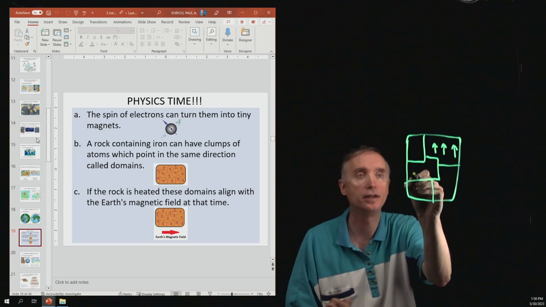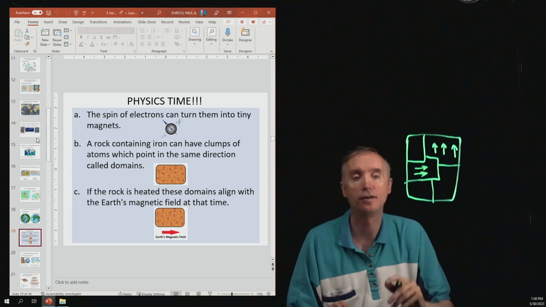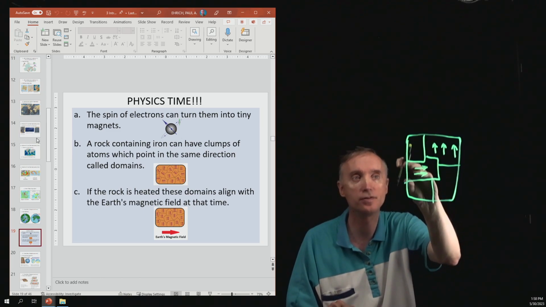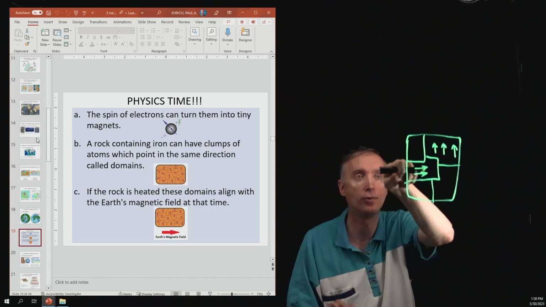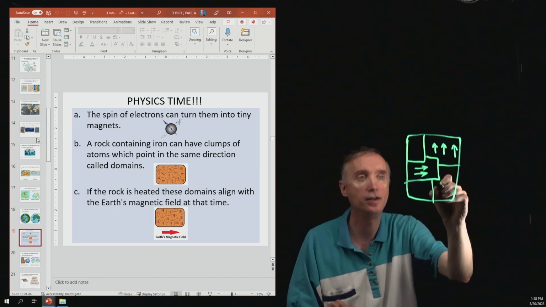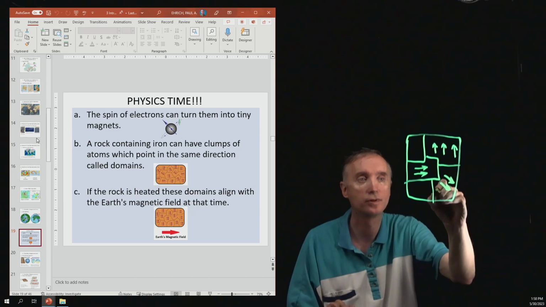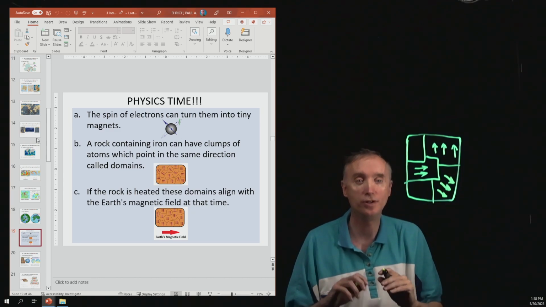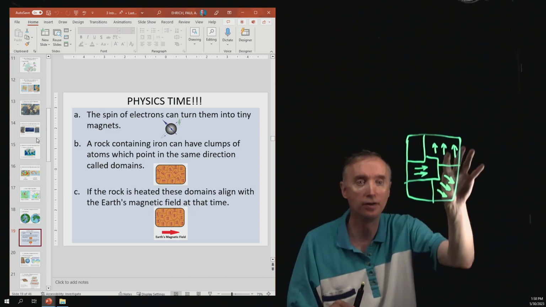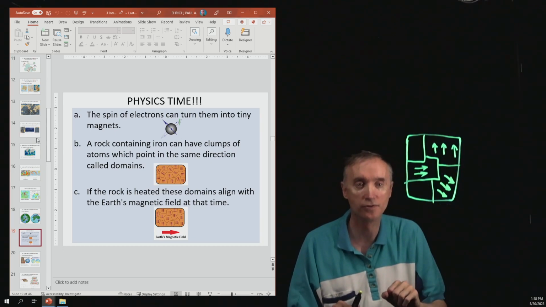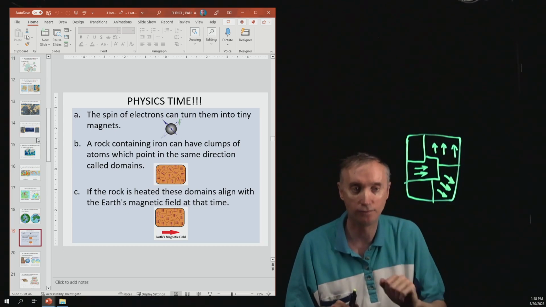But then in this domain over here, those atoms are oriented that way. And then in here, maybe these are oriented like this. So the point is that when you average all of these individual magnetic fields, you get 0.